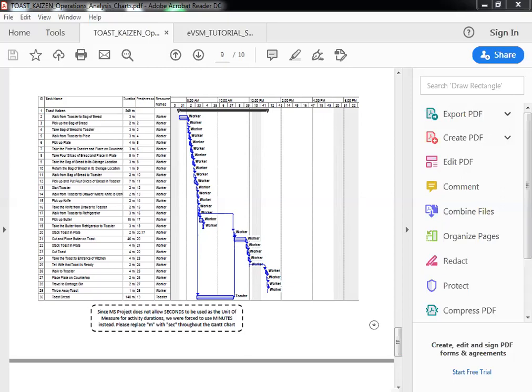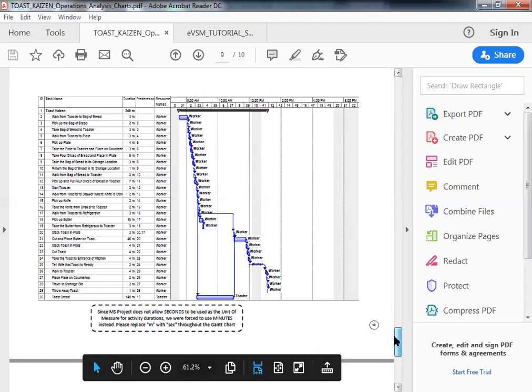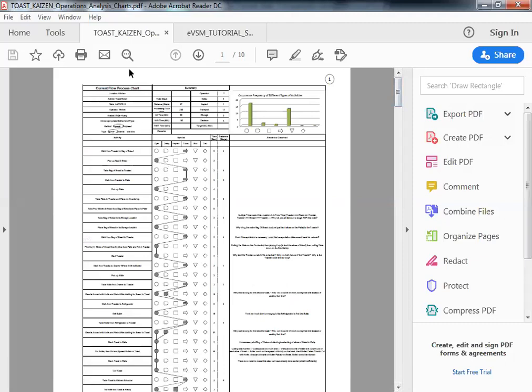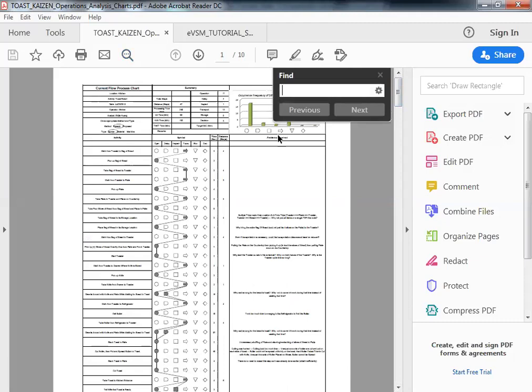Sorry, I know somebody's saying we can't see the flow process chart. Okay, let me go back here. That's your flow process chart. If I go up here, it's very small, forgive me. Let me see if I can zoom. You can just press Control and scroll up.